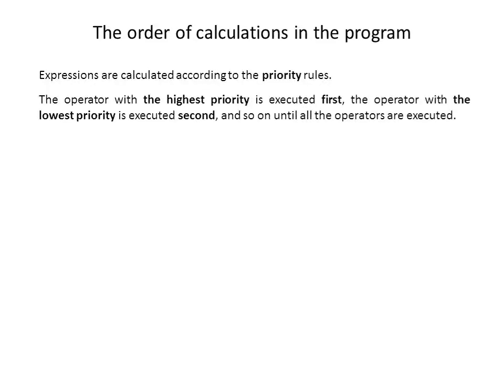Now the calculation rules for the ST language. Expressions are calculated according to priority rules. The operator with the highest priority is executed first. It means that expressions with the highest priority will be calculated first, and the operator with the lowest priority is calculated last, and so on until all the operators are executed.